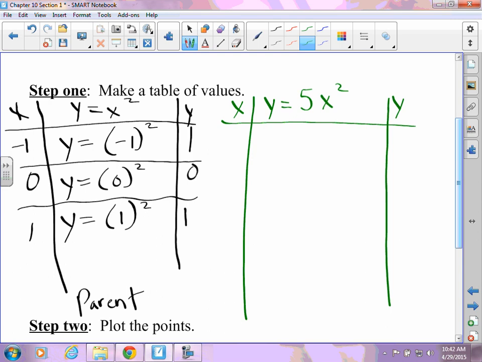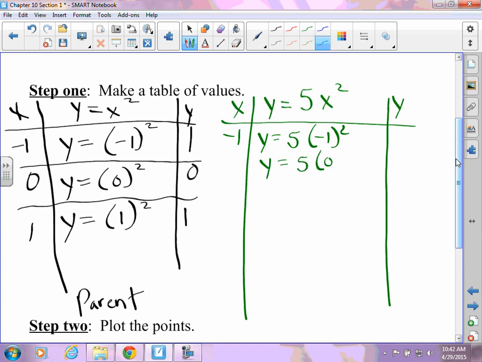What do I do first? Do I multiply or do I do the exponent? You do the exponent. Yep. So you need to show this step. I want to see that step. If I don't have it, I'm going to send it back to you and ask you to do it.